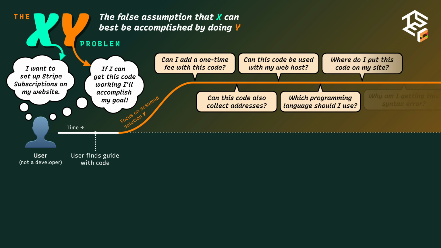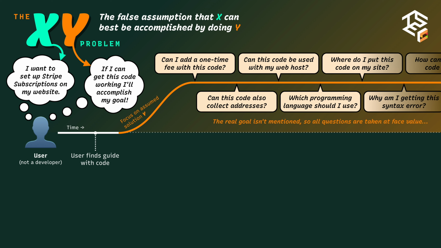Many other questions follow. Note that all of these questions are focused on their assumed solution, getting the code working, not their actual goal of adding Stripe subscriptions to their website. Because the real goal isn't mentioned, we take these questions at face value and answer them one at a time over a long period of time.